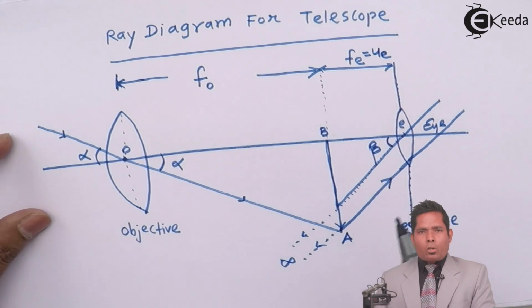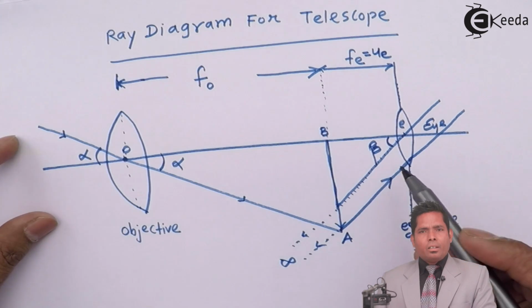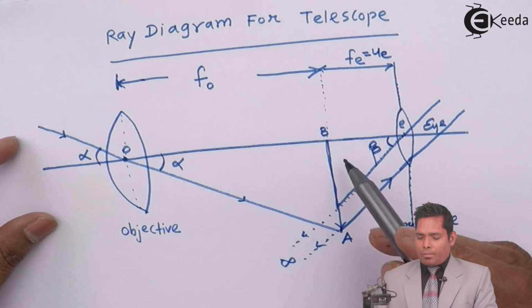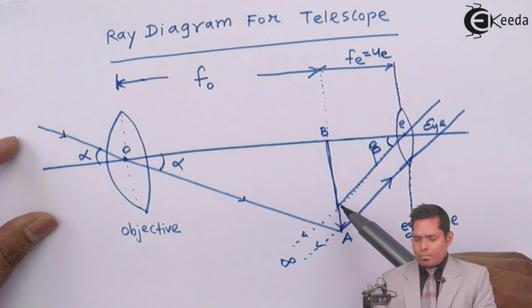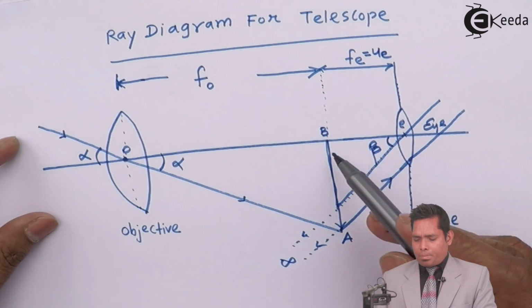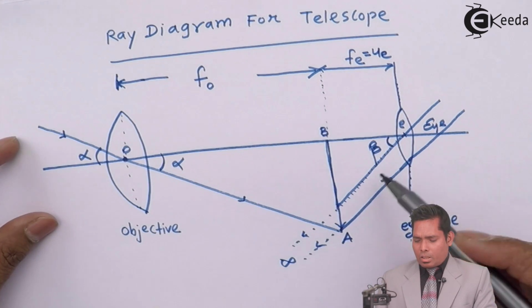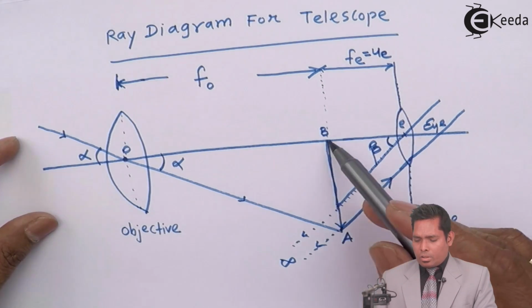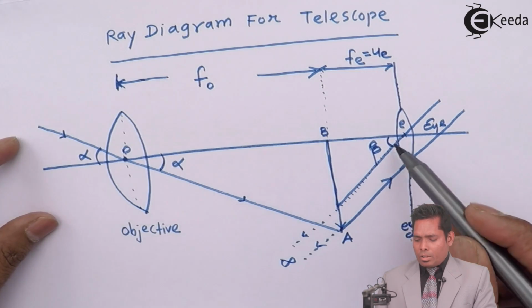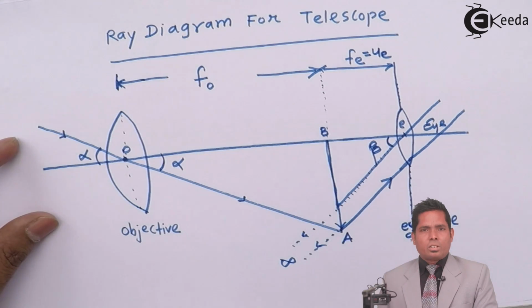I will draw another diagram for you to justify the statement, but for the time being, just remember that this angle is beta. So this image, whatever angle projects at this point, is same as this part forming at this point, that is beta. So therefore in this triangle, this is AB divided by B, this distance by this distance, but then this distance is similar to this distance.